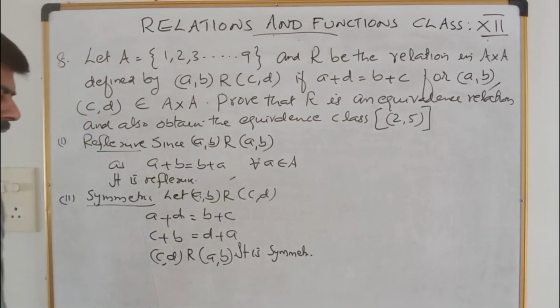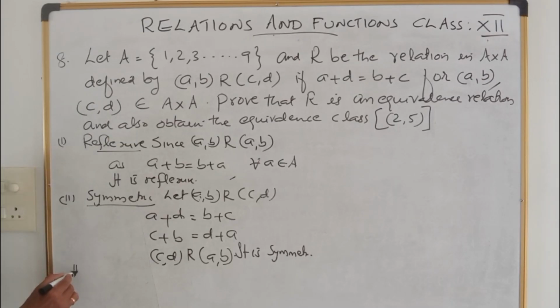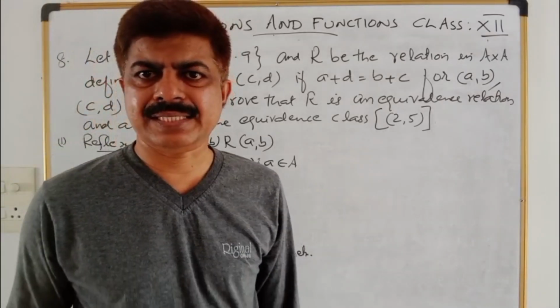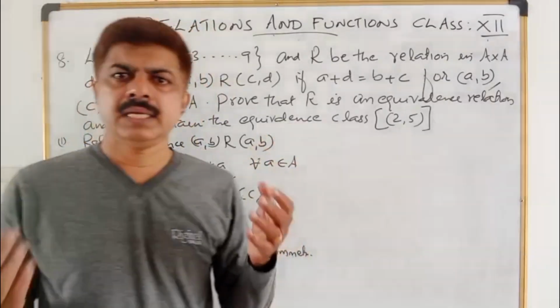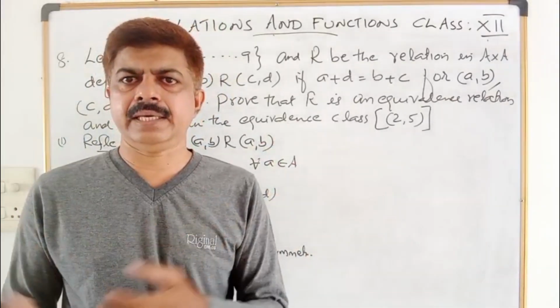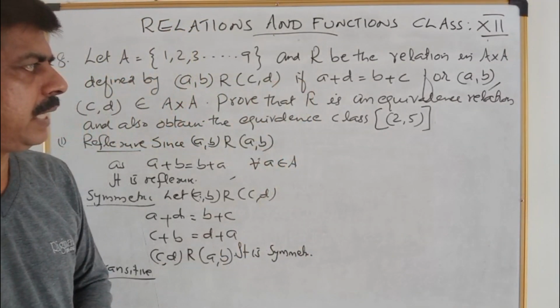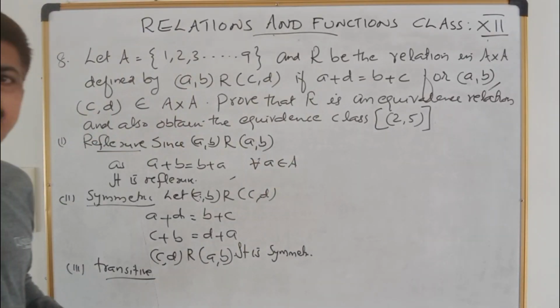Next we have to check whether it is transitive or not. For transitive we know that we have to select three elements a, b, c, but in this case we have to select three ordered pairs (a, b), (c, d), (e, f). Then apply this property, a plus d equal to b plus c.